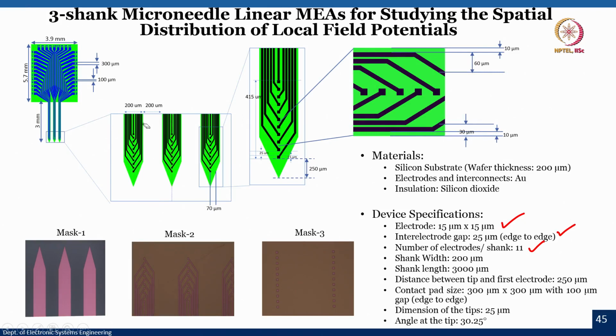The width is about 200 microns, and the length is 3000 microns, which is 3 millimeters. The distance between the tip and the first electrode is 250 micrometers. The contact pad size is 300 by 300 micrometers, with a 100 micrometer gap between two contact pads.